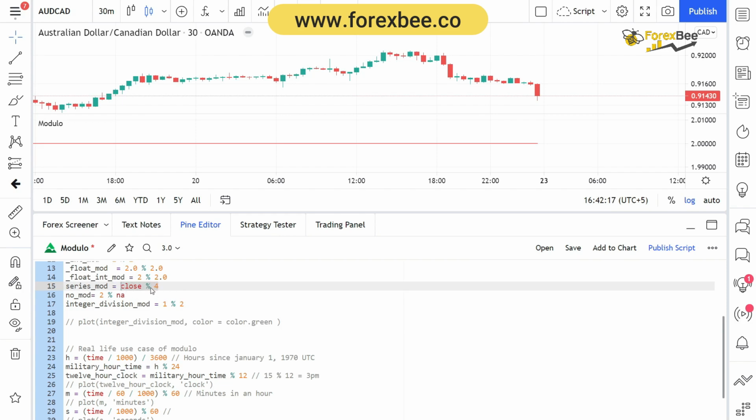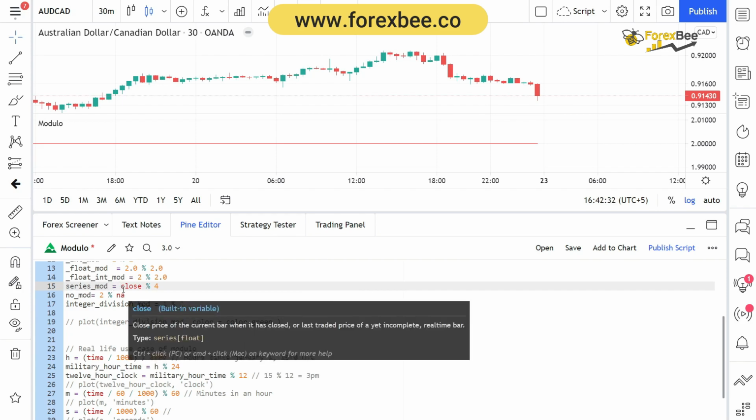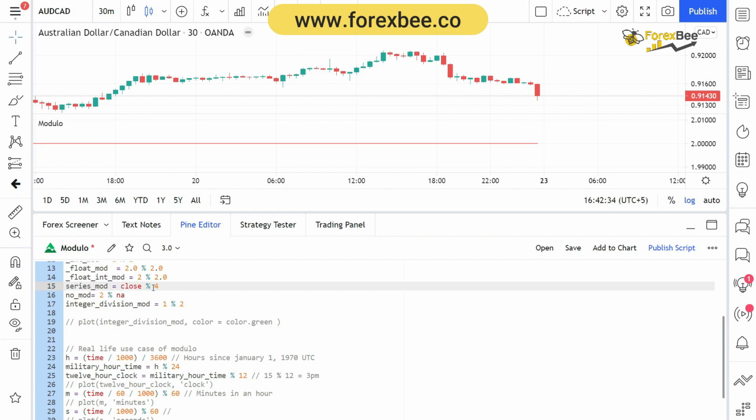Each member of the close series is divided by 4, and the resulting series is assigned to the series mode variable. So all the remainders are saved in this series mode variable.